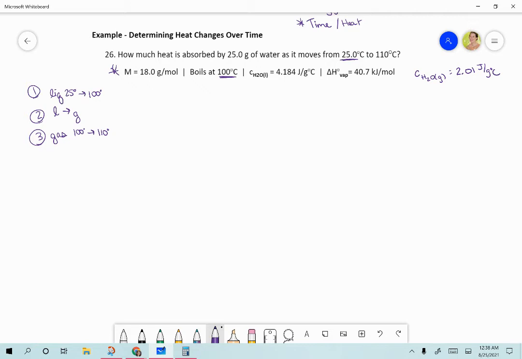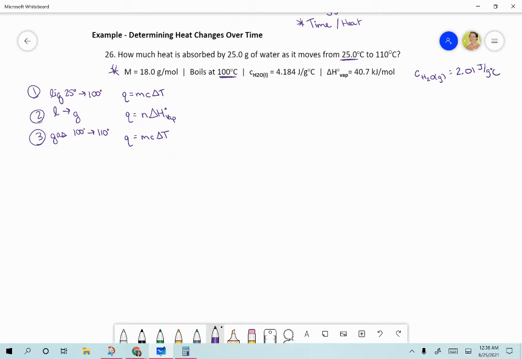I need to use 3 equations for this problem. So anytime where I'm just increasing my temperature, where I have a temperature change, I'm going to use the equation Q equals mc delta T. So I'll use that for both of these steps, 1 and 3. When I have a phase change, I have to use the equation N delta H. In this case, since we are going from a liquid to a gas, I need my heat of vaporization.